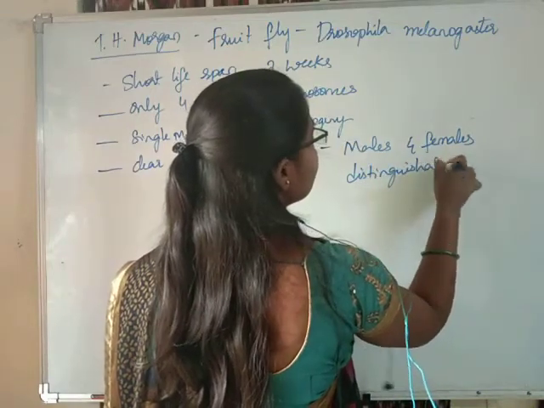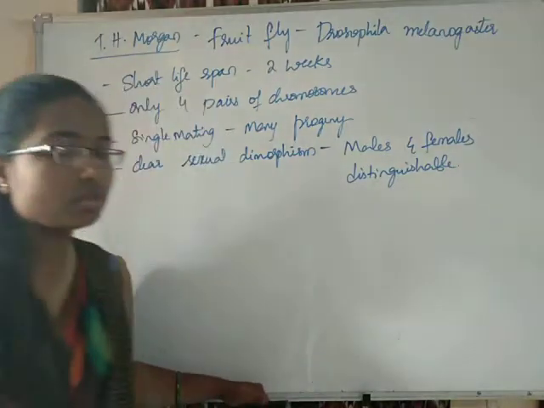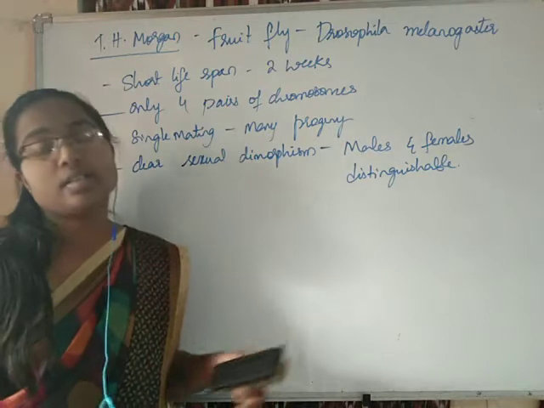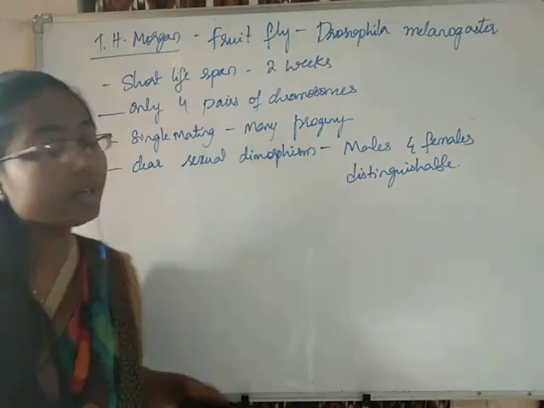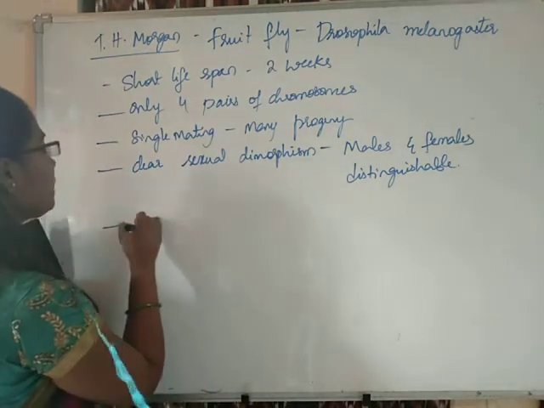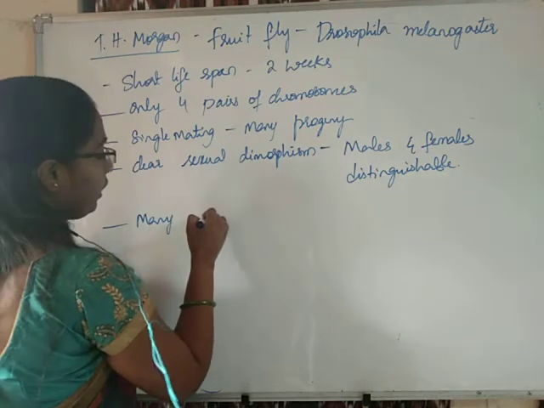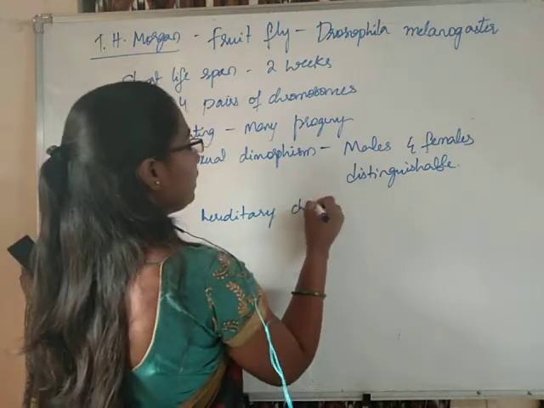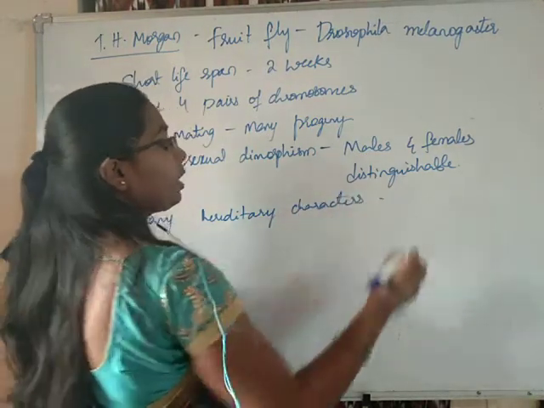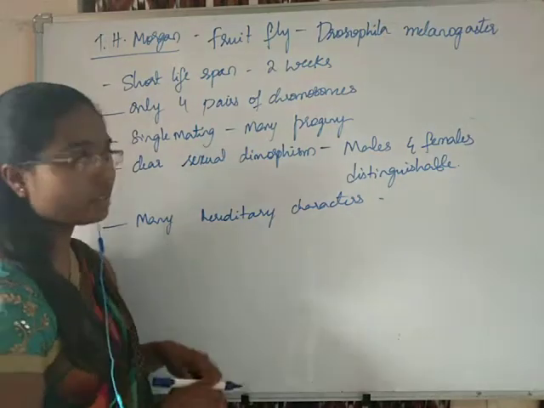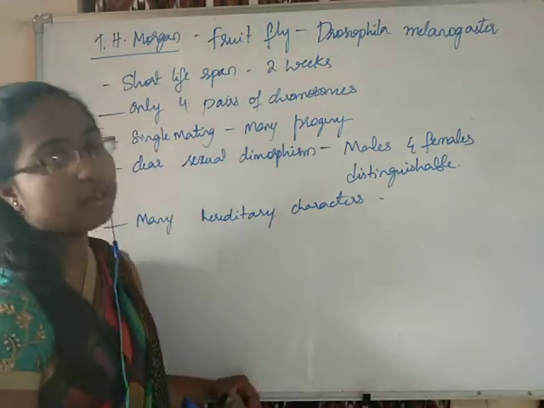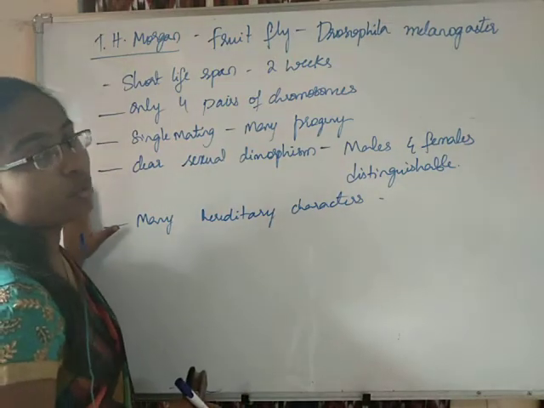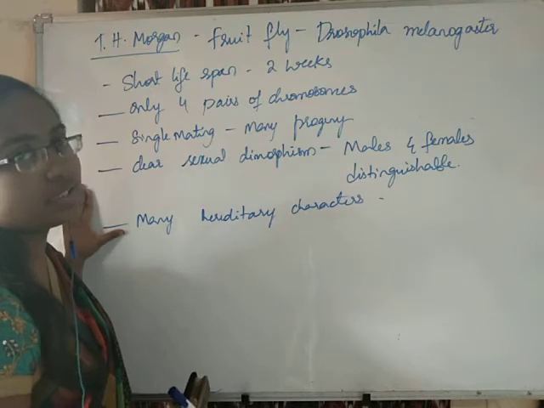It also has many different hereditary characters. Many varieties of hereditary characters are seen in Drosophila melanogaster. So these are the different reasons why Morgan selected Drosophila melanogaster for his experiments.